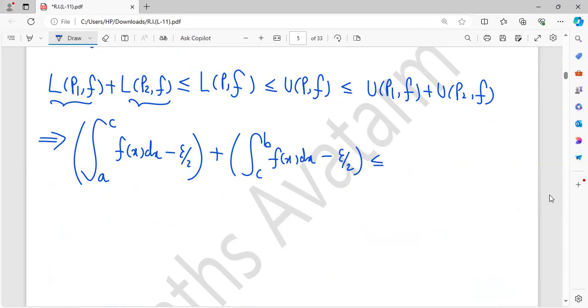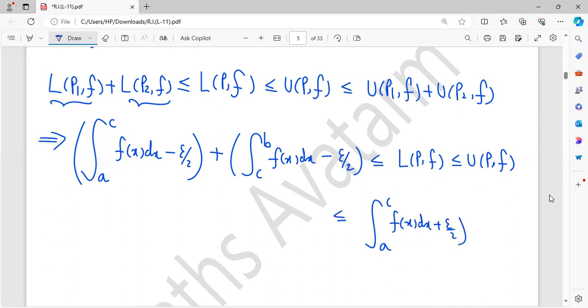And this is greater than L(P, f), U(P, f), and this is less than the integral from a to c of f(x) dx plus epsilon by 2 plus the integral from c to b of f(x) dx plus epsilon by 2.